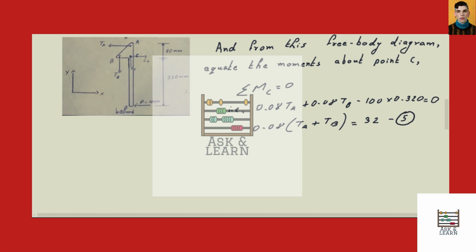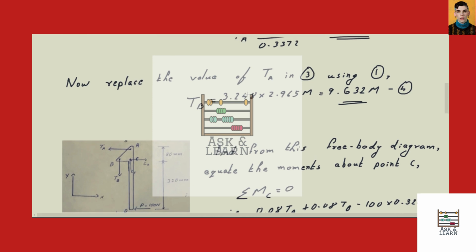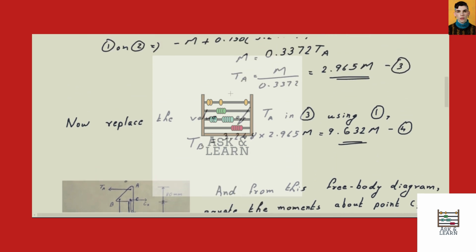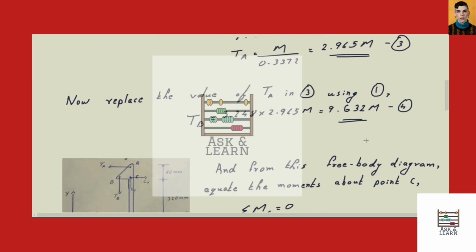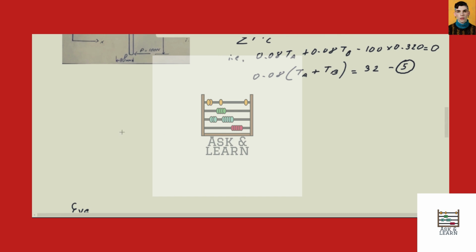Let's substitute the value of TA we got from equation number 3 and the value of TB from equation number 4, in terms of M, into equation number 5.